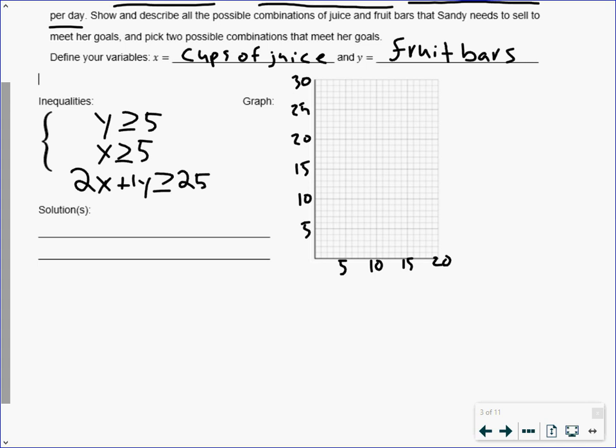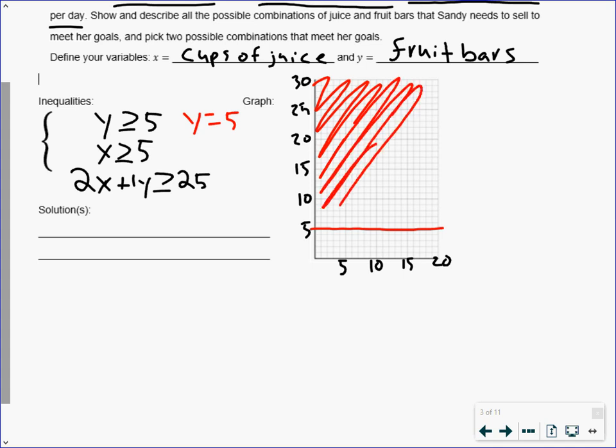When y is greater than or equal to 5, we know we have a horizontal line because we're going to be graphing it as y equals 5. And we want everything above it. So everything up here is a solution for y is greater than or equal to 5. And it'll be a solid line since we're told it's also equal to 5.